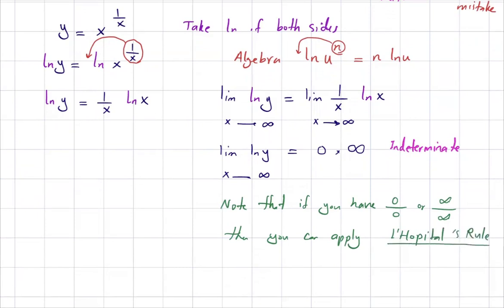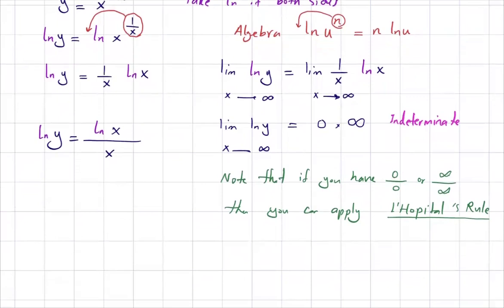So how can I convert 0 times infinity to 0 over 0 or infinity over infinity? I'm going to write x in the denominator of ln of x. So ln of y stays the same on the left-hand side, equals ln of x divided by x. And when you take the limit as x goes to infinity, you have infinity over infinity.